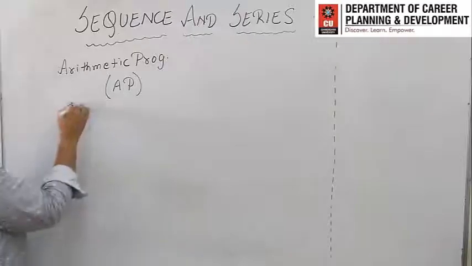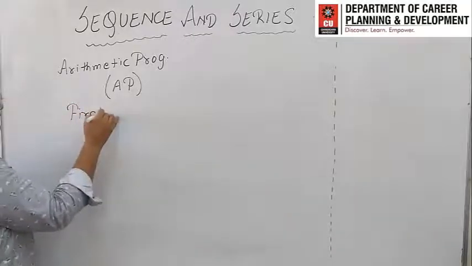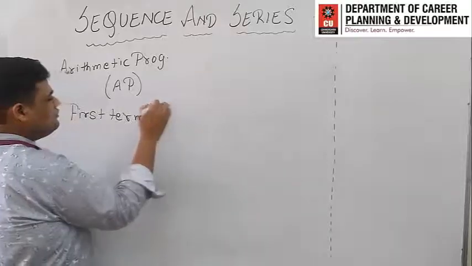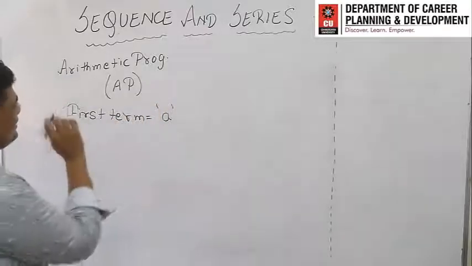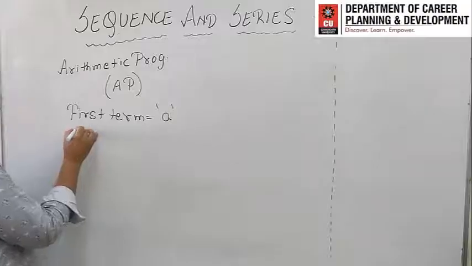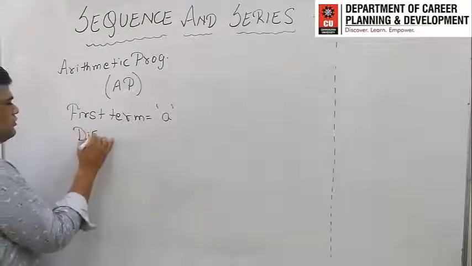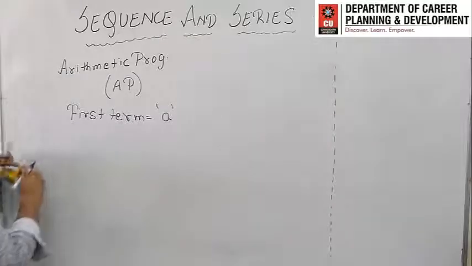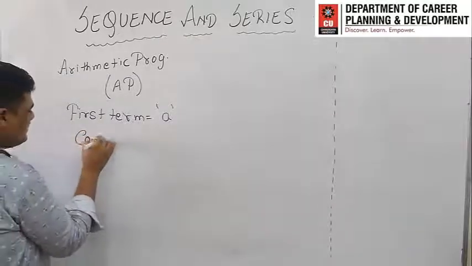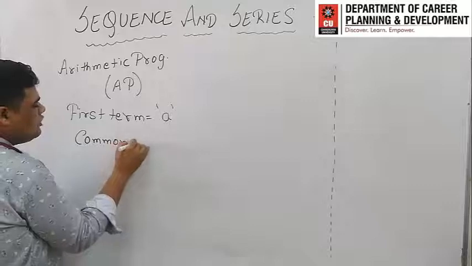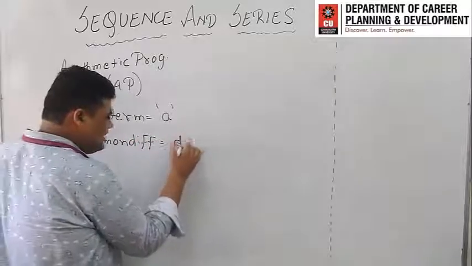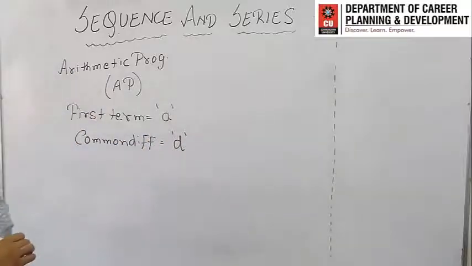First is the first term, which we always denote as A in our sequence. Now we have a difference, precisely called the common difference, which we write as D.